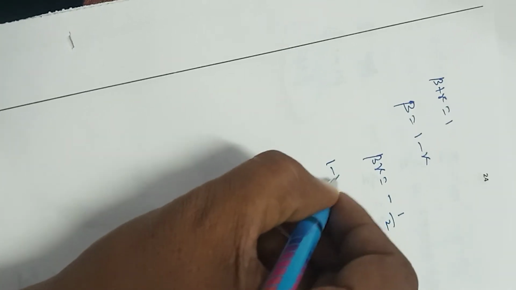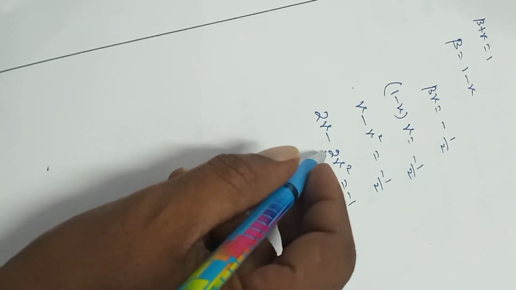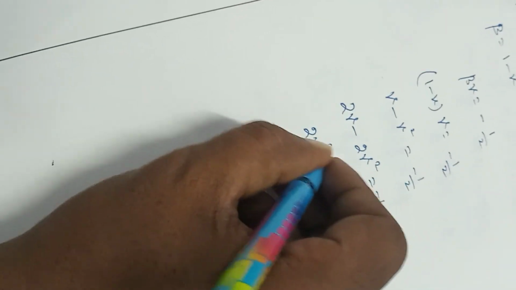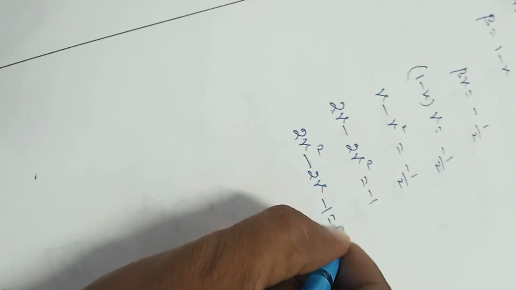Multiplying by 2, 2 gamma minus 2 gamma square is equal to minus 1. Then 2 gamma square minus 2 gamma minus 1 is equal to 0.